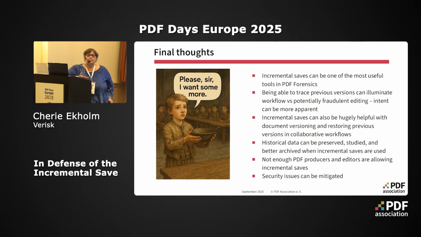If she had been doing PDFs back in the 1700s, we might have a really good view of how she did her editing on her poetry. That would be a very cool thing to have. And you could do that with incremental saves. And archivists can do that now with incremental saves if they're trying to track legislative work or whatever.